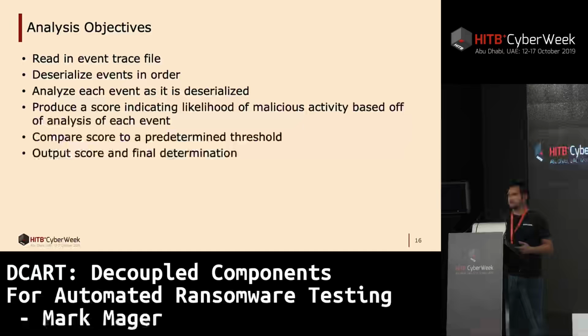We'll take that score and compare it to a predetermined threshold that we've come up with through tuning, or you can just pick a number out of the air and do the tuning on your own. With that threshold in mind, we're going to output a final score once you cover all the events captured in the trace, and then you can make a final determination of whether or not the activity is ransomware or not.